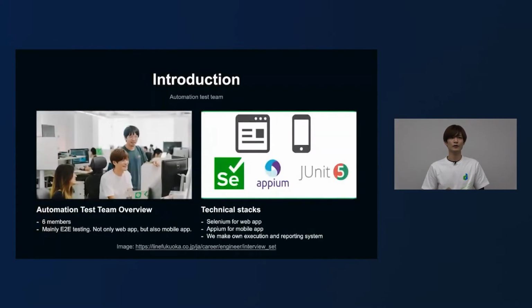I'd like to introduce my team at LINE Fukuoka. In the development center, there is a test automation team specialized in testing, made up of 6 engineers, and our main business is to write and operate E2E tests for various projects such as web applications and mobile applications. For the technical stack we are using, as the right-hand side figure shows, for web applications, Selenium is used, and for mobile applications on iOS and Android, the OSS called Appium is used.